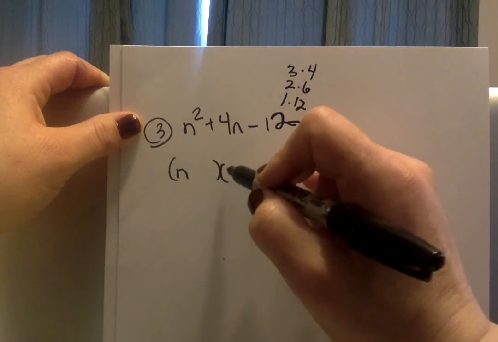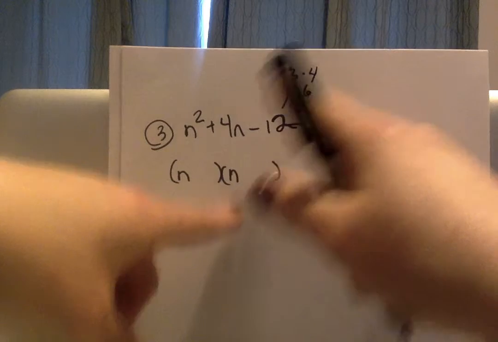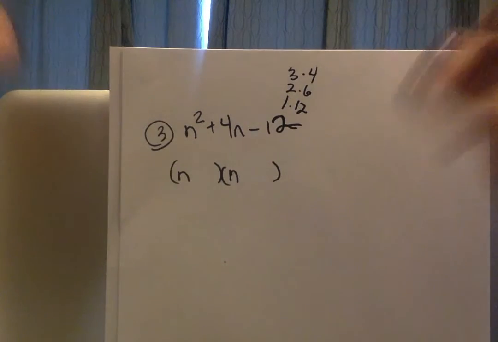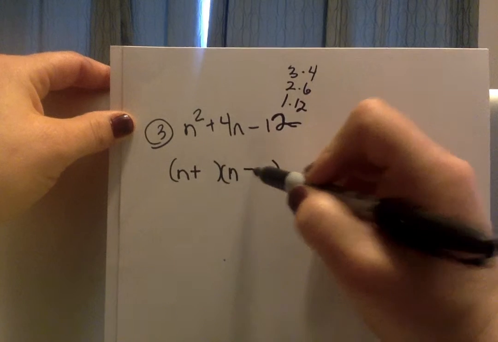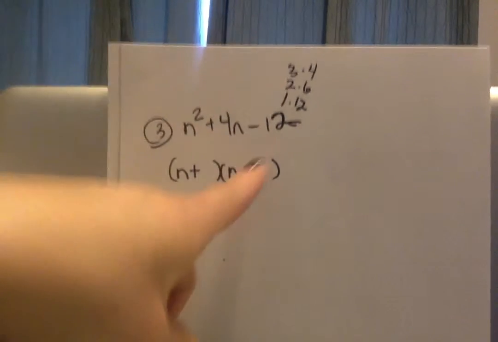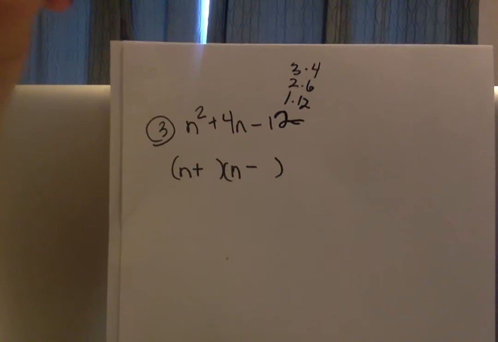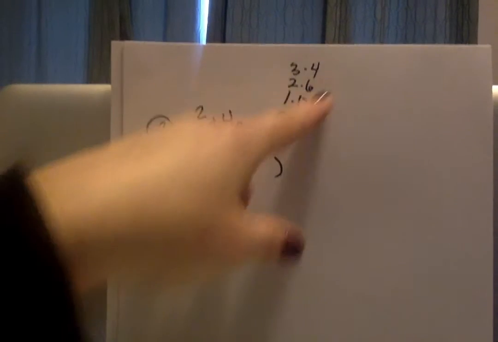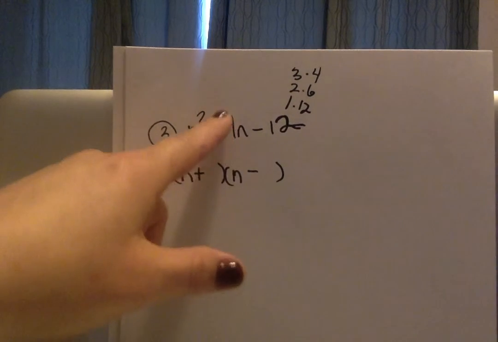So n will go in front of both parentheses, and we have to know which combo gives you 4, but realize that we have a negative sign, so one when we multiply is going to be positive, and the other one will be negative, because a positive times a negative gives you a negative. So which of these combos, one being positive and one being negative, will give us positive 4?